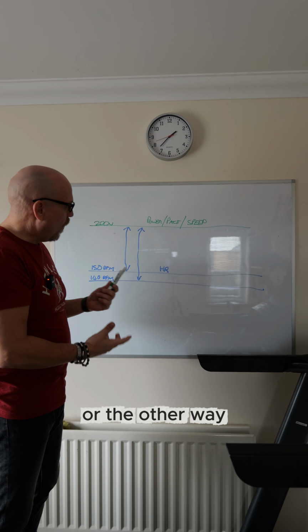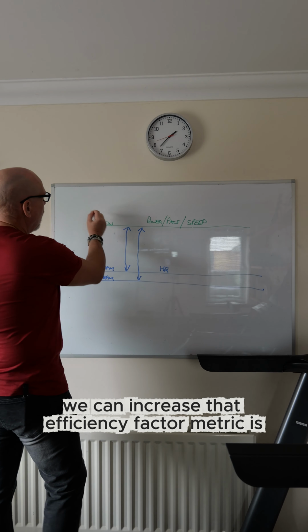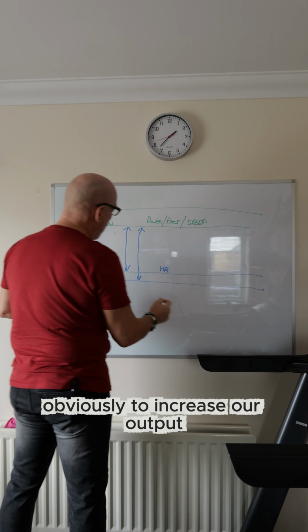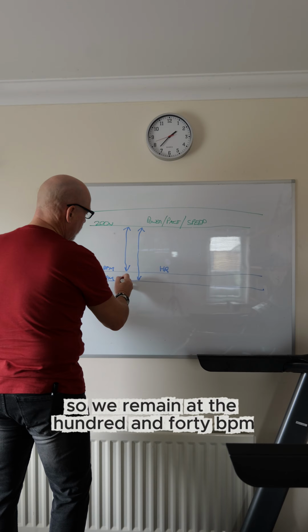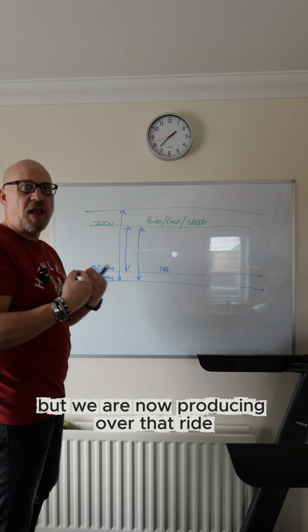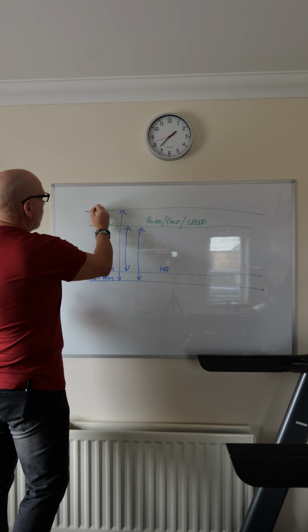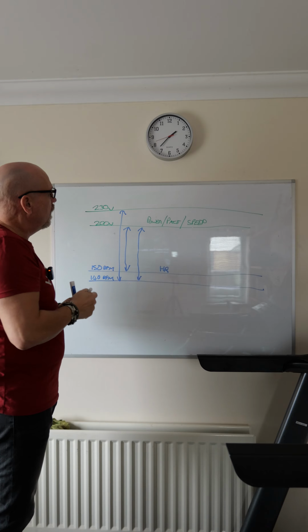Or the other way we can increase that efficiency factor metric is obviously to increase our output. So we remain at the 140 BPM, but we are now producing over that ride 230 watts, for example.